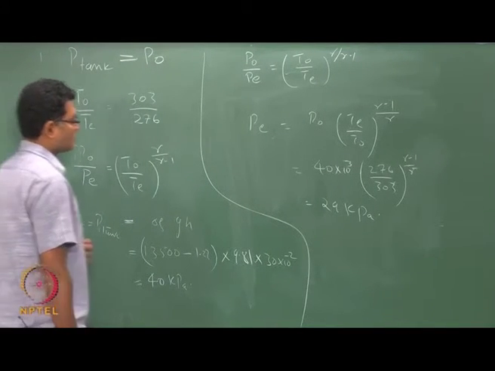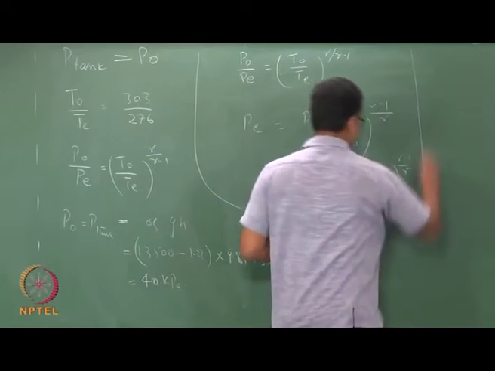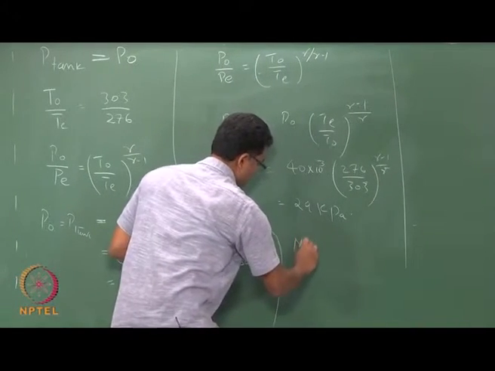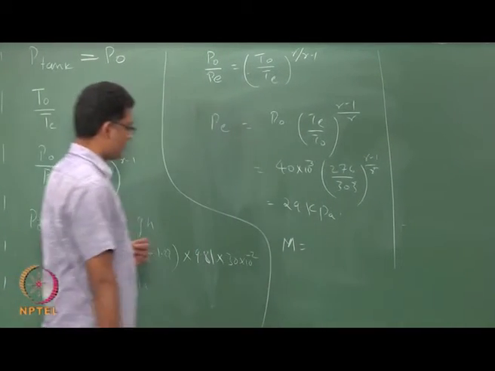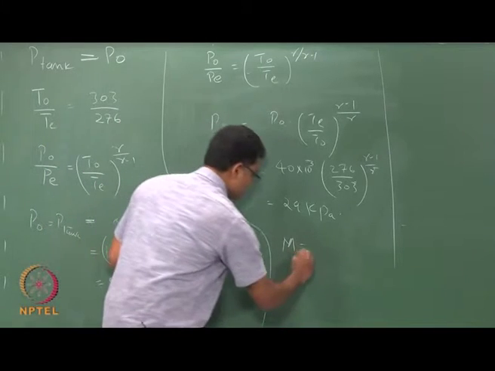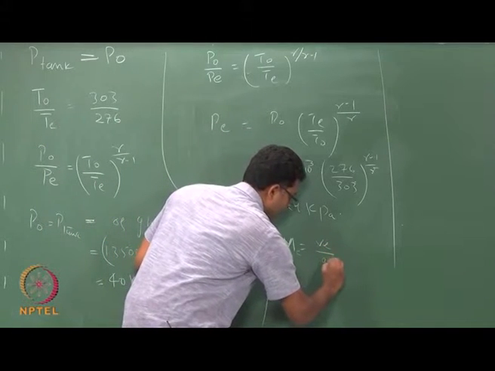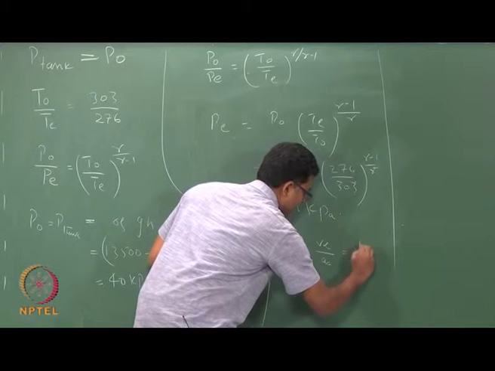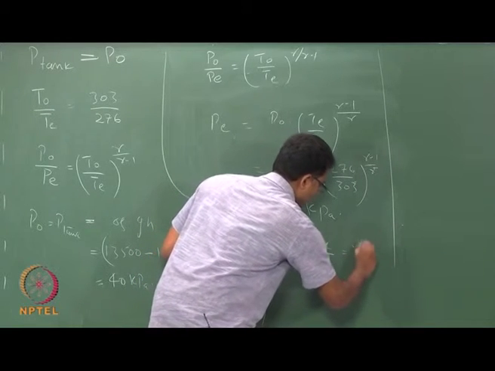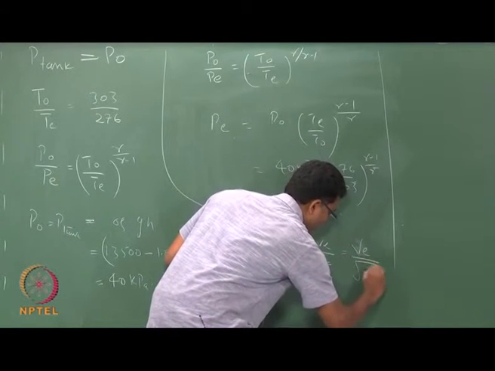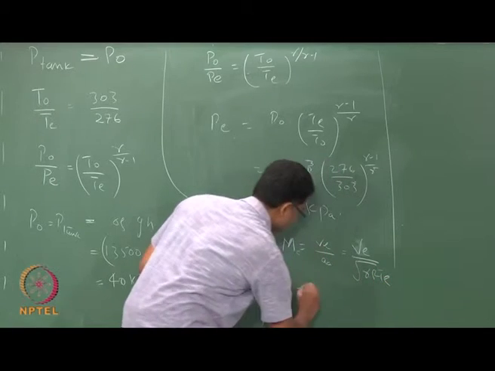Since we already know the temperature, it is easy to find the Mach number at the exit, which is V exit by the speed of sound, V exit by root of gamma R T exit.